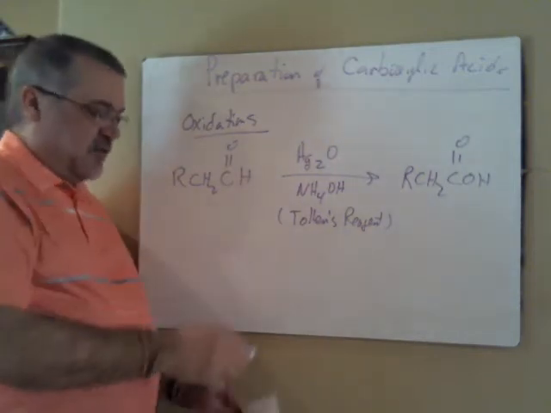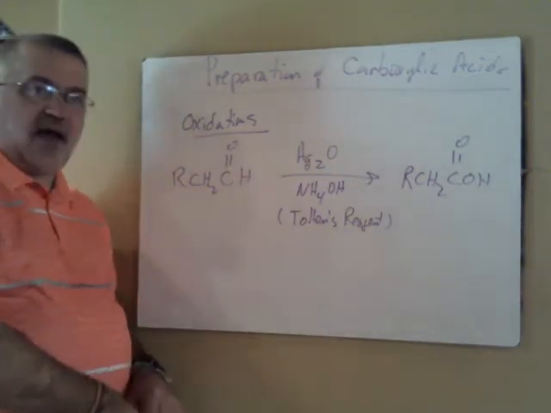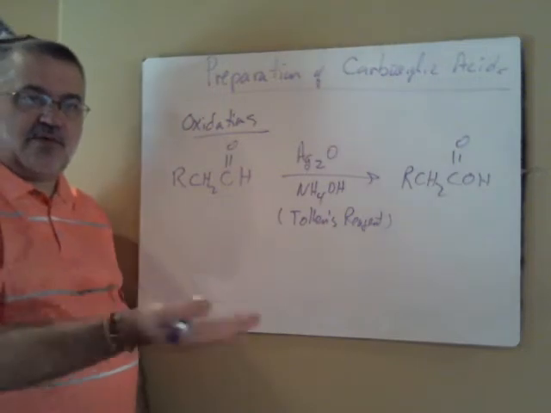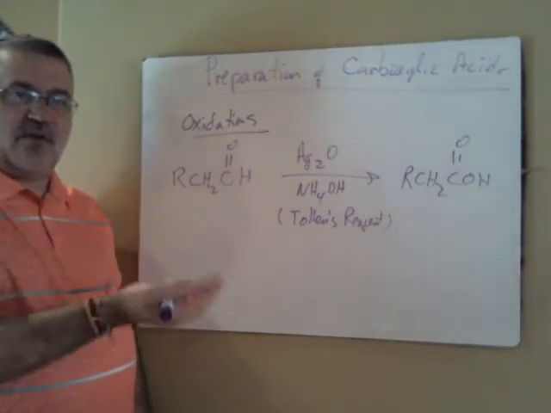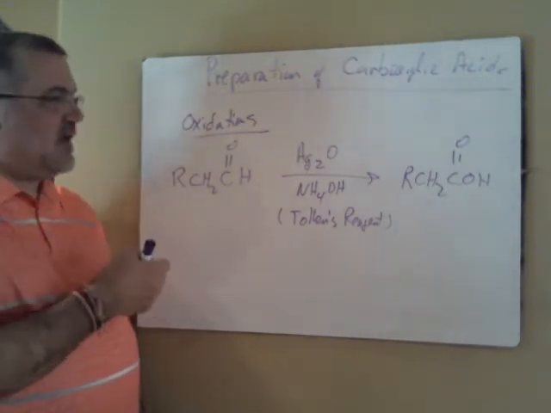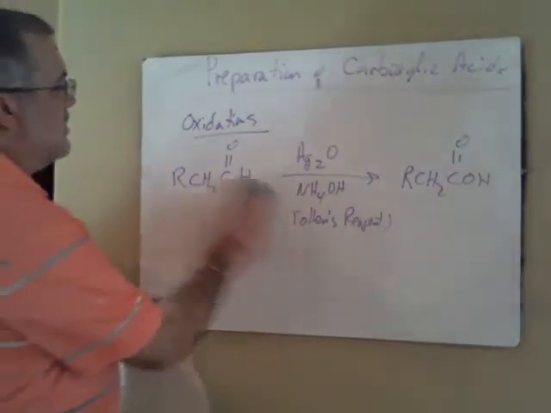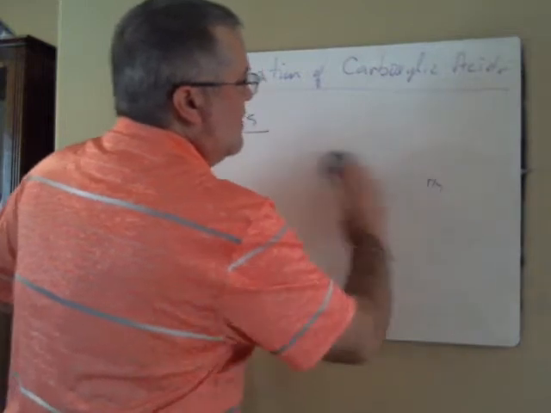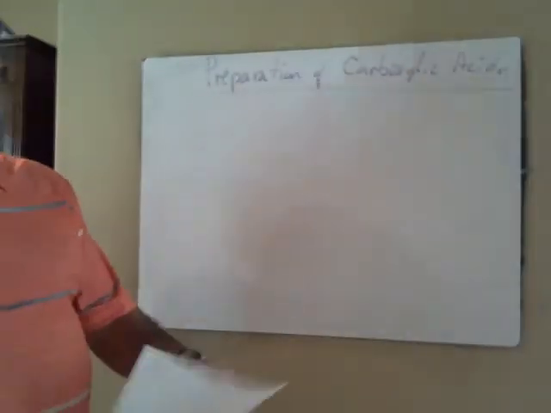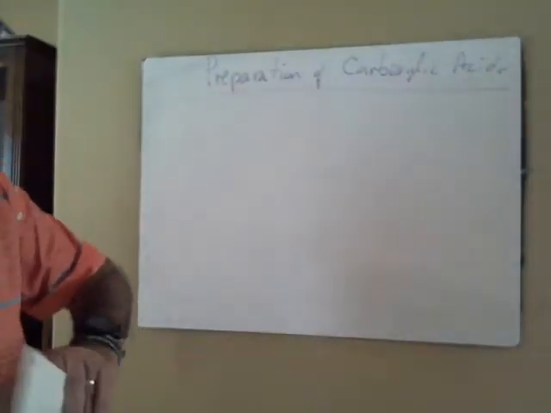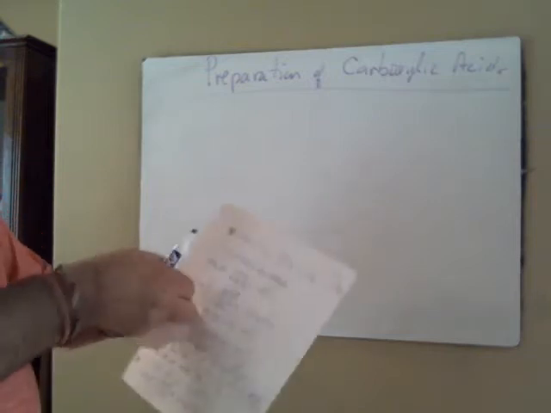So when you do this reaction, the inside surface of your glassware actually gets coated with silver. It's pretty neat. So that's just a bonus reaction for you to look at. Those are some review ways of making carboxylic acids.